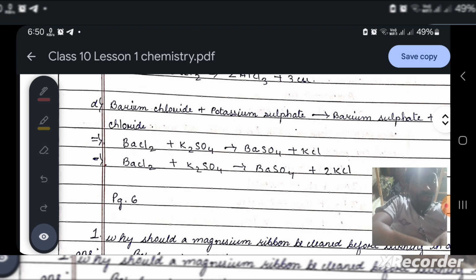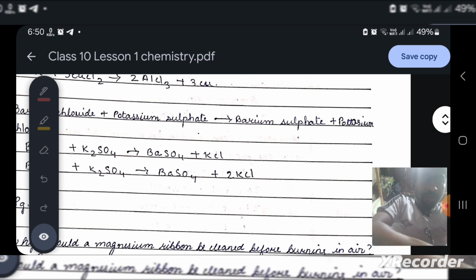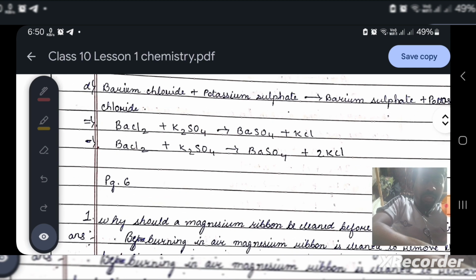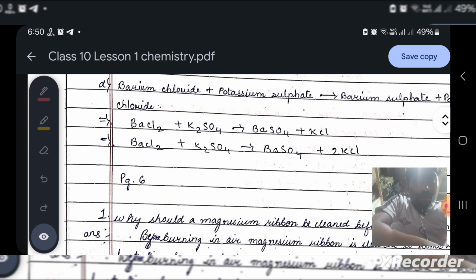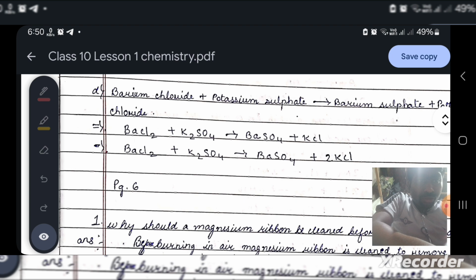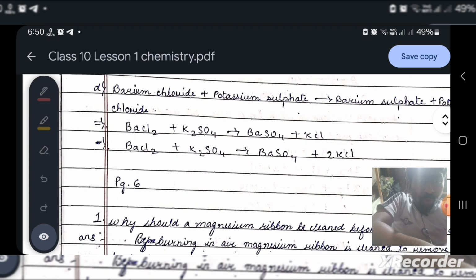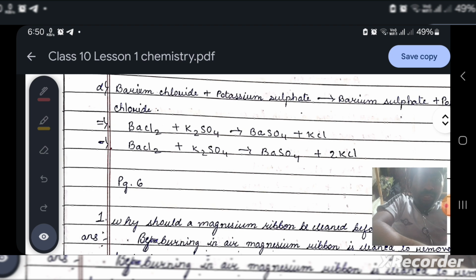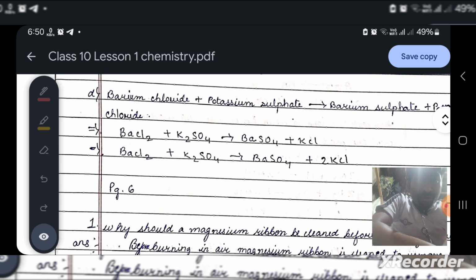First of all, the reaction: barium chloride is BaCl2 plus potassium sulfate K2SO4 gives barium sulfate BaSO4 plus potassium chloride, KCl. This one also you can look, only the potassium and chlorine are unbalanced.